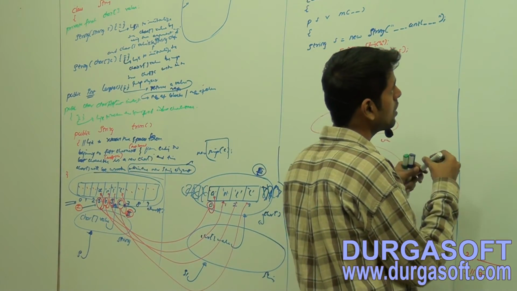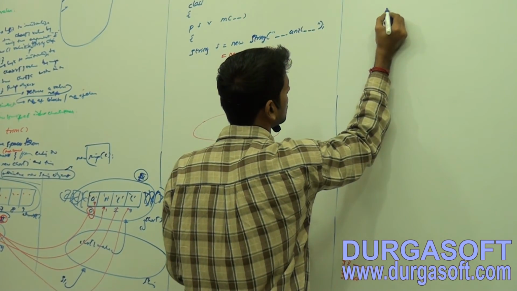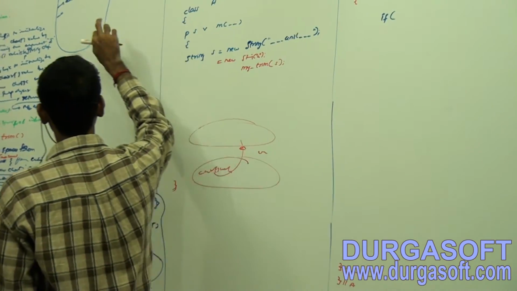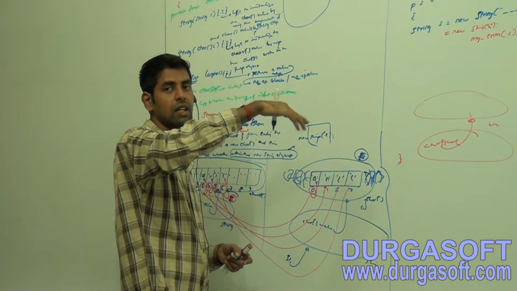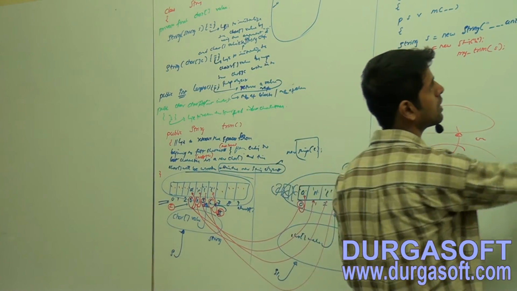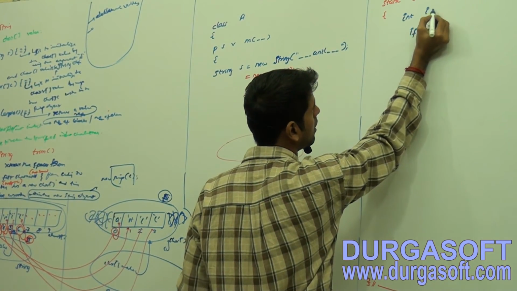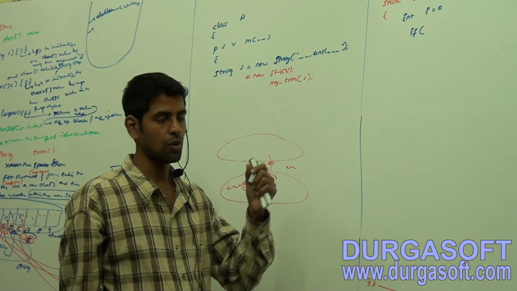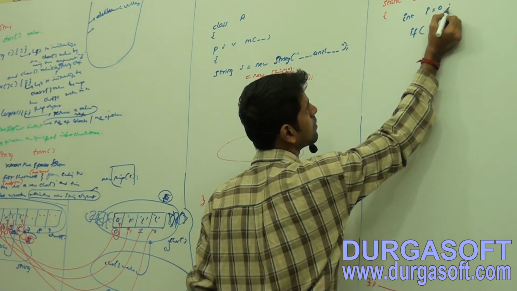So let me take two blocks, let it be an if block. Now here I told you that declaration of variables is optional, you can declare any number of variables. Now observe here, let it be int i equals 0. Instead of that I can assign 0 here, no issues.